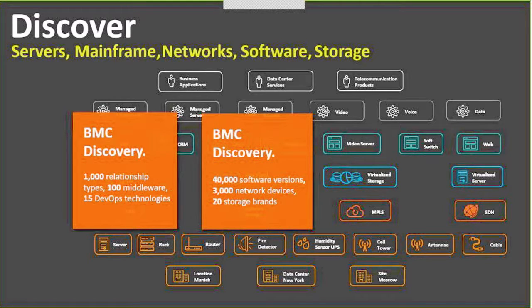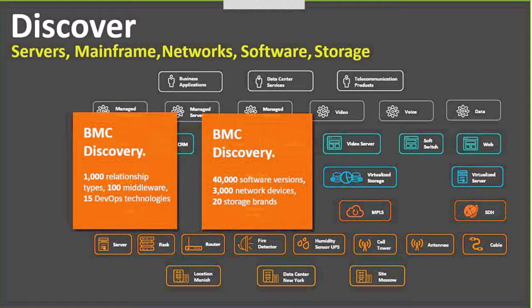The next bullet is really where we have patterns against the third-party applications that are out there. We recognize over 40,000 software versions of your third-party software, 3,000 different network devices, and up to 20 different storage brands of your network-attached storage, as well as your more directly attached LUNs.